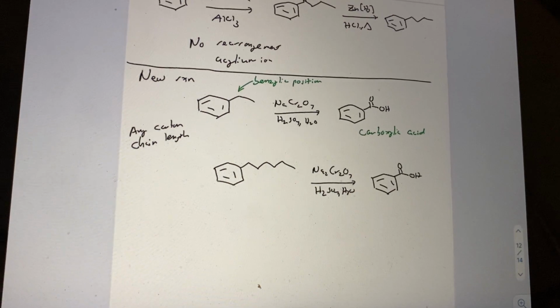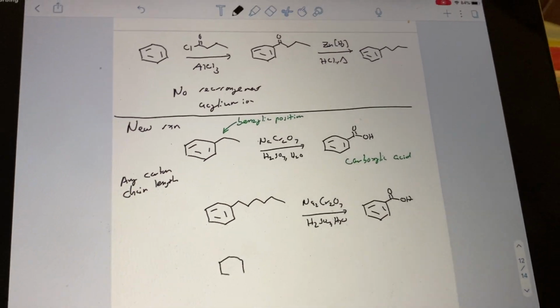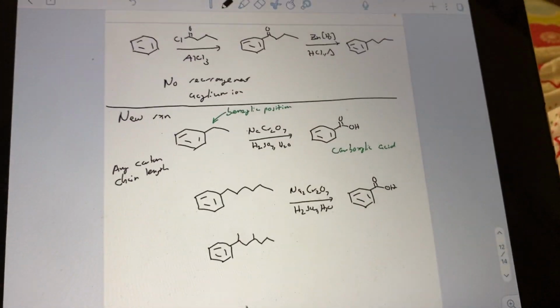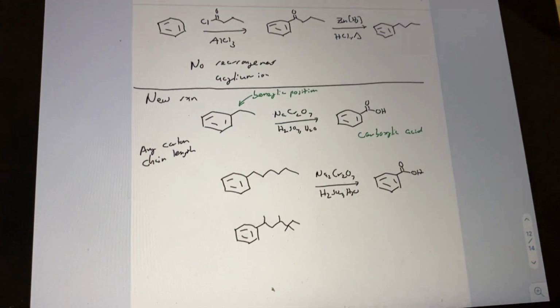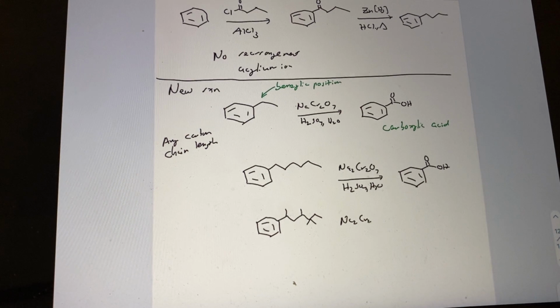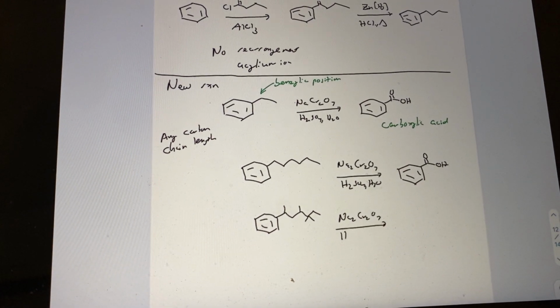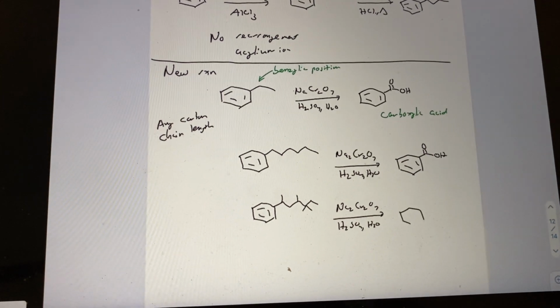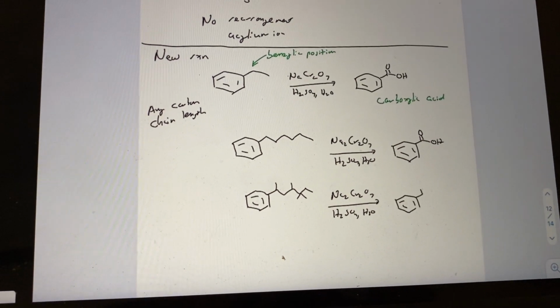It can be branched. And you could have branching here, all sorts of this sort of stuff. Still generates the carboxylic acid. So all that stuff gets cut off, if you want to think about it that way.